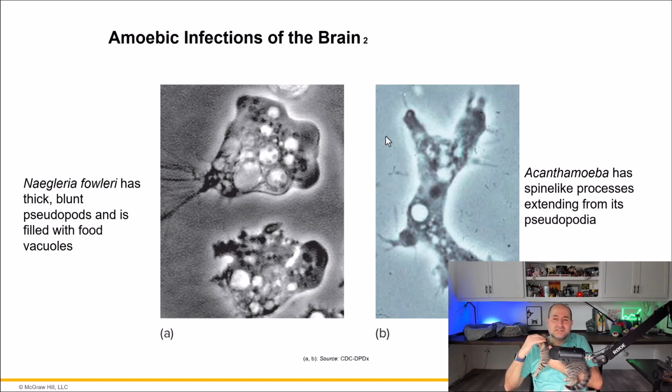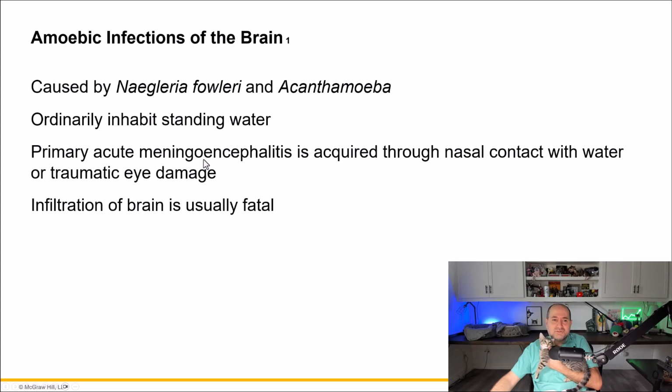Either one can make its way to the human brain and cause that encephalitis. It's called primary acute meningoencephalitis, massive swelling and inflammation and infection in the brain, and that's what leads to death.